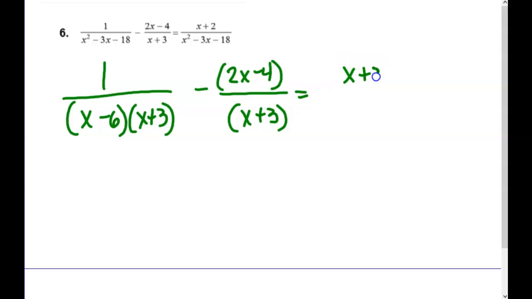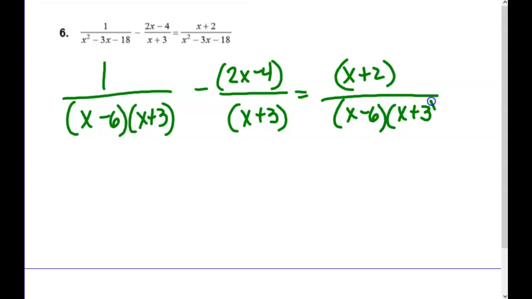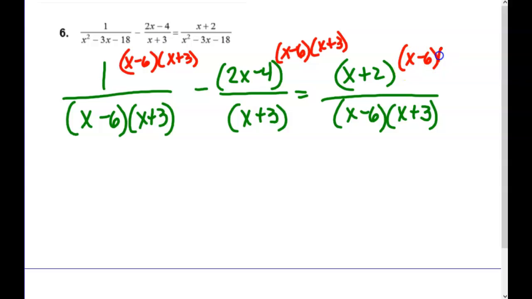All right, and this side has an x plus 2, and that same thing factors into x minus 6, x plus 3. So tell me what the common denominator is, guys. x minus 6 and x plus 3.